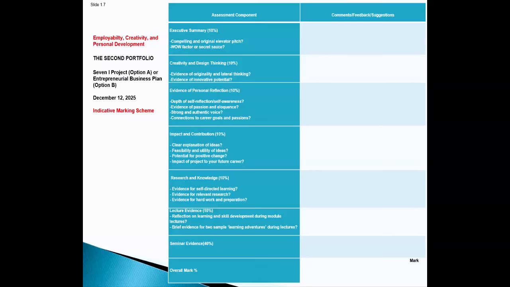Research and knowledge, again, this is about your asset creation. So the first 5 criteria are each 10%. They are all about your asset creation journey. And then we have the lecture evidence, and then the seminar evidence. That's it. Very similar to the first portfolio.